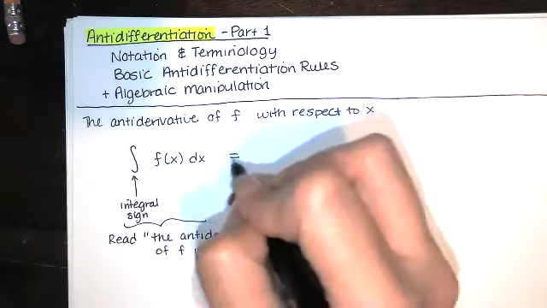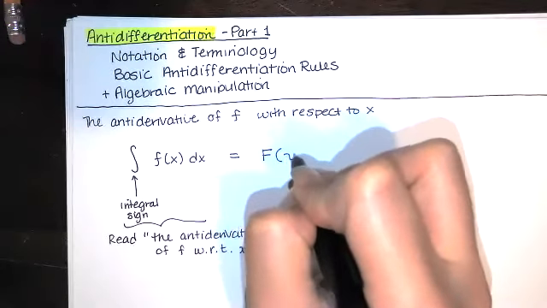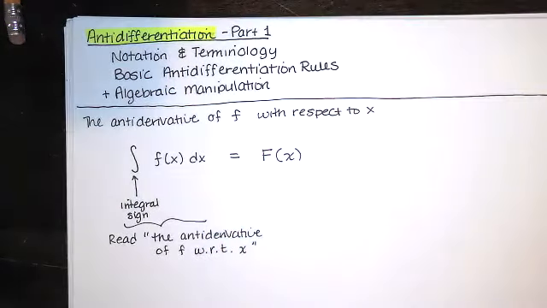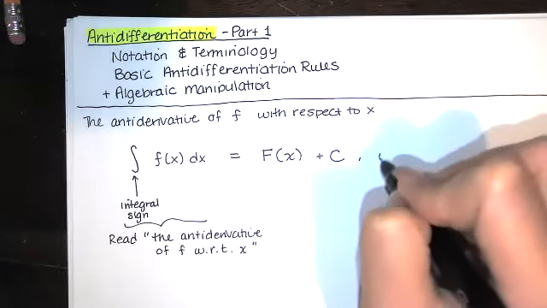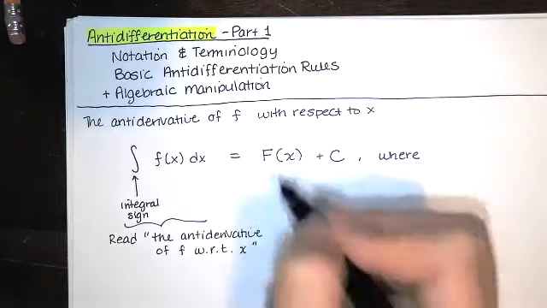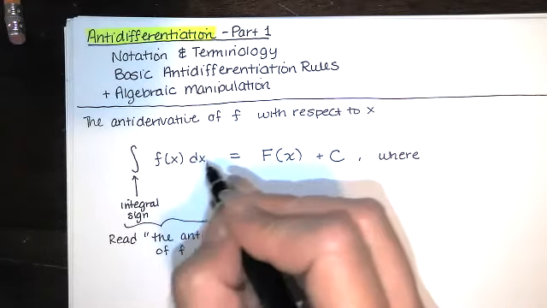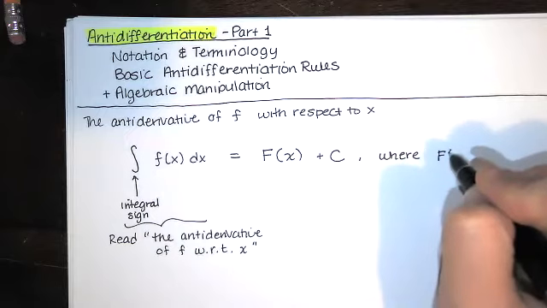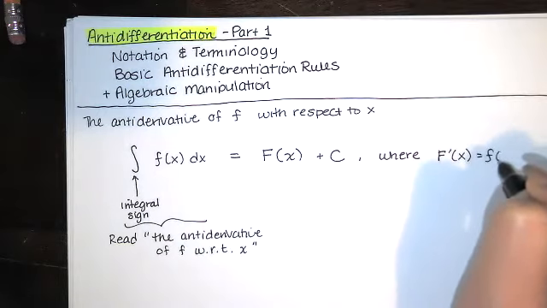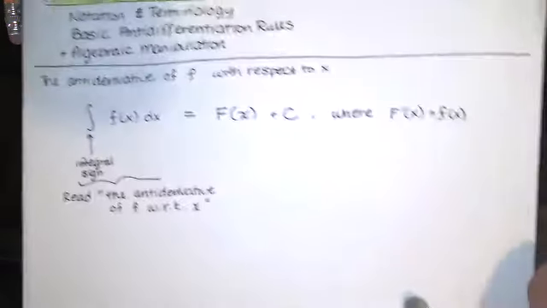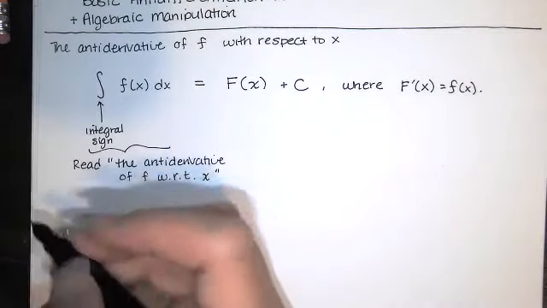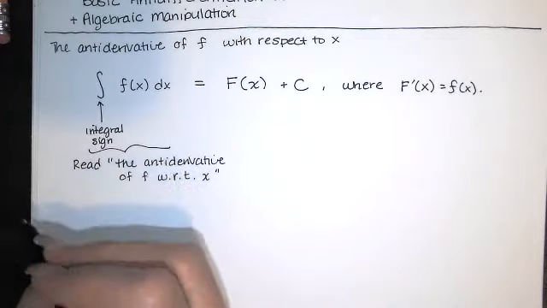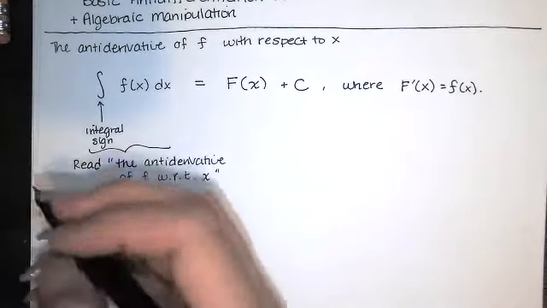And then we're going to say that equals some function capital F of x, plus c, where if I take the derivative of capital F, I get little f back. So that's the definition. And if you're wondering where that plus c comes from, we'll see in just a moment.